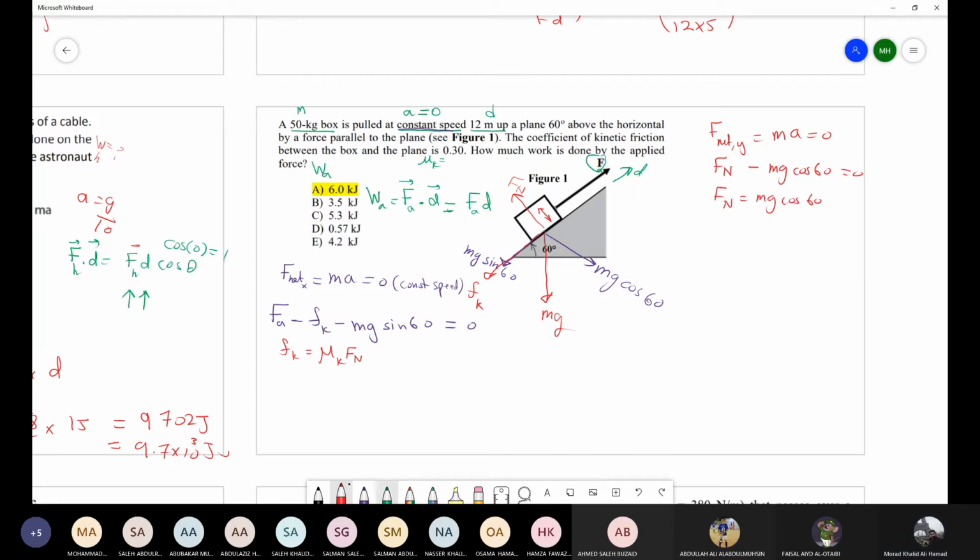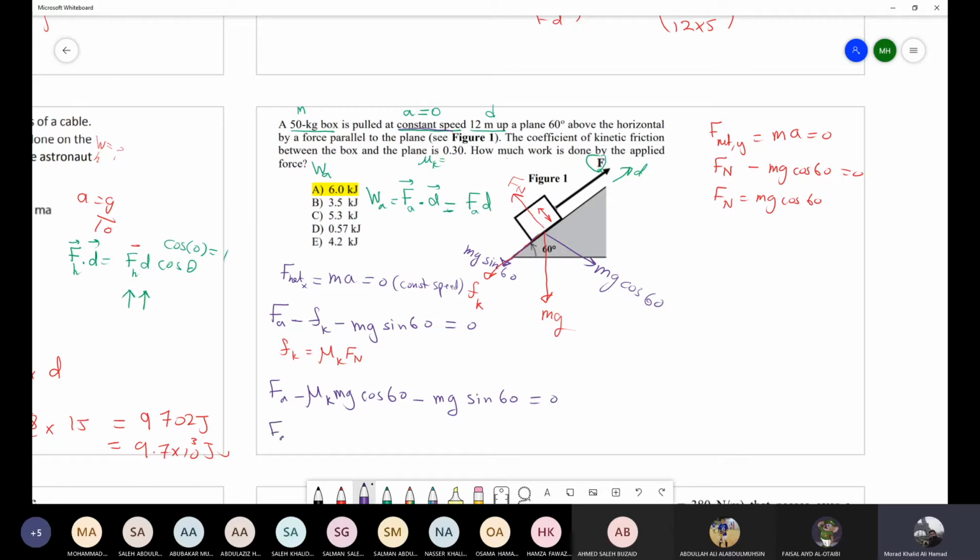So now I have F applied minus, instead of Fk, mu k mg cosine 60 minus mg sine 60 equal to 0. And I'm looking for Fa.